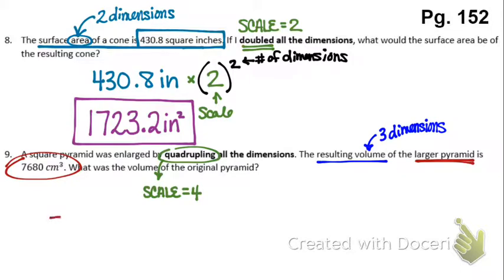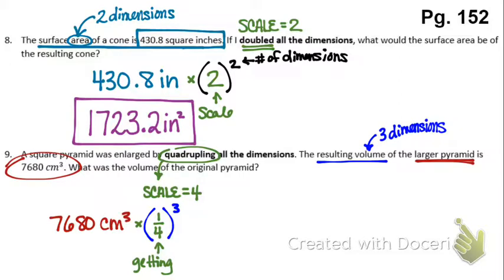So I have 7680 centimeters cubed. What am I going to multiply this by? 1/4 squared? Cubed. Why cubed? Because it's 3 dimensions. So it's getting smaller by a scale of 4.